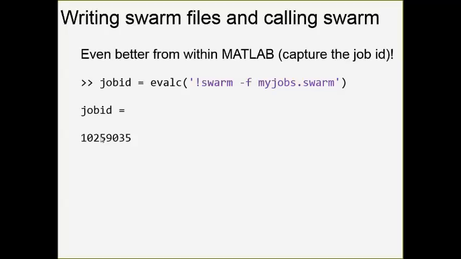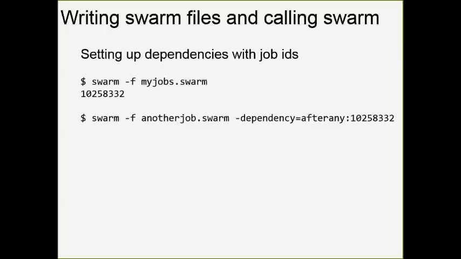And so what can you do with that? Well, I'm going to show you that you can monitor jobs. That's one thing that you can do with it a little bit later on. But another thing that you can do with it is you can set up dependencies. And this is really great. So I'm going to go back to the terminal. Let's pretend that we're not in MATLAB for a second. You fire up a swarm, and it gives you this output, this job ID, and then you would say swarm -f another job.